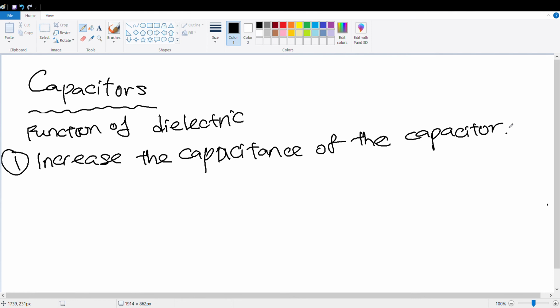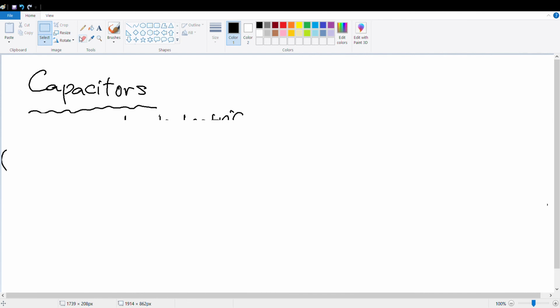Okay, so how does the dielectric help to increase the capacitance of the capacitor? Let's look at the mechanism of the dielectric. Before that, allow me to describe it in terms of a diagram. Alright, let me erase this first. So assume I have a capacitor.